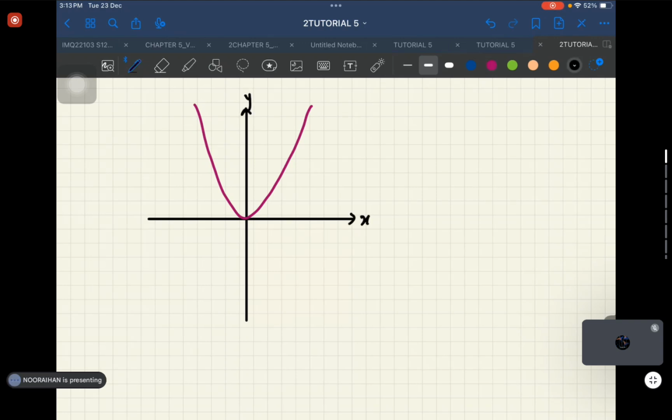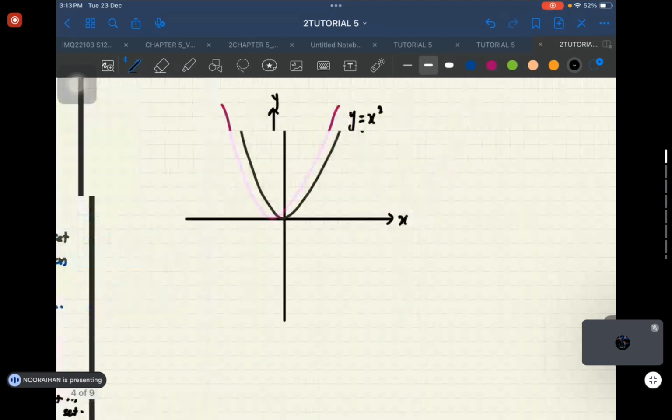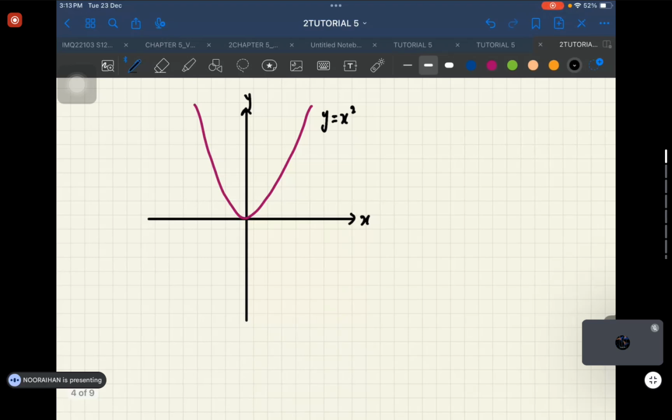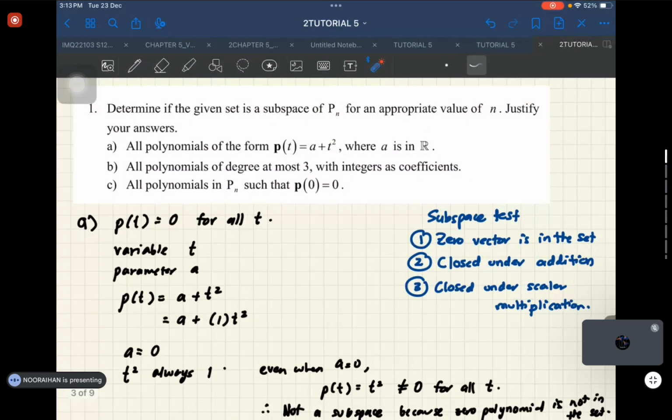This is the y. When you substitute 0 for a, you will still get the point, but only the value at a certain point, not at all points. So when you substitute a equal to 0, you also have this t squared, which is not 0. So this is not a subspace.